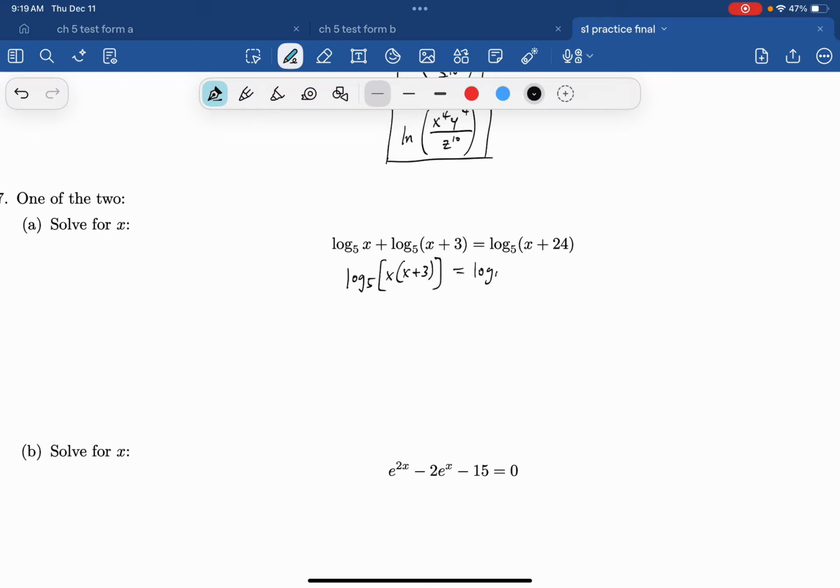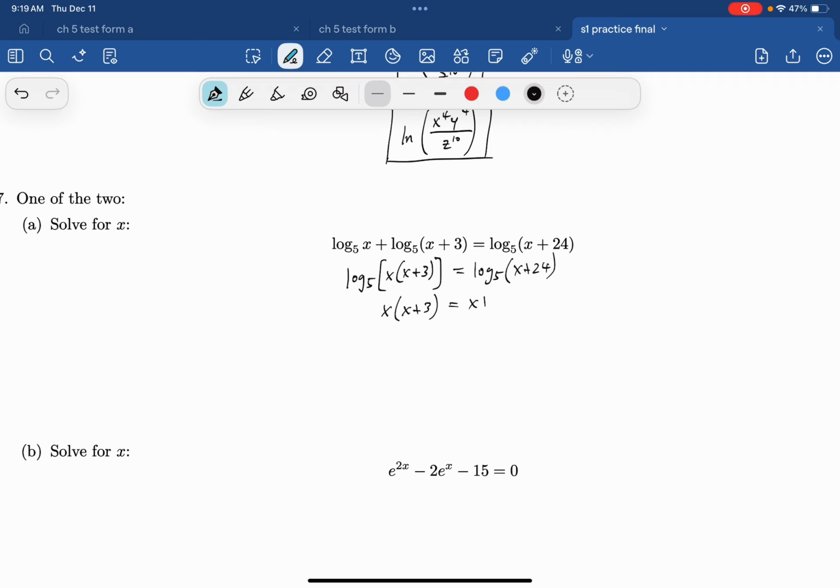And the right side is just log base 5 of x plus 24. Okay. Well, now, if we have two logarithms with the same base equal to each other, then their inputs must also be equal to each other. That's the one-to-one property, right?